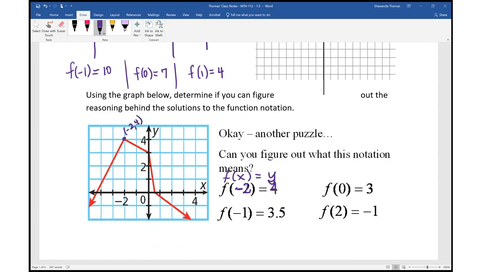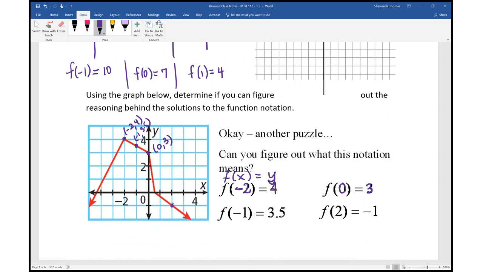Negative 2, 4. What about f of 0 equals 3? So 0, 3 is on the graph. Negative 1, 3.5. Left, negative 1, go up 3.5. And then finally 2, negative 1. So those are points on this graph.